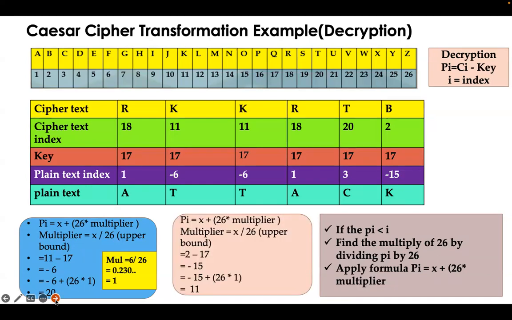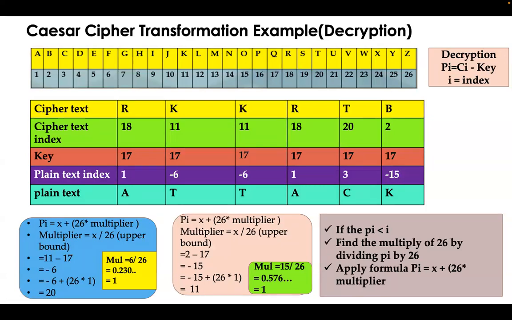For -15, we can see this. 2 minus 17 is -15. And after that, we have to find the multiplier of 26, which we can find out by dividing 15 by 26, which will be 0.576 and so on. Rounded up, it will be 1. And in our formula, we write down -15 in the place of x.